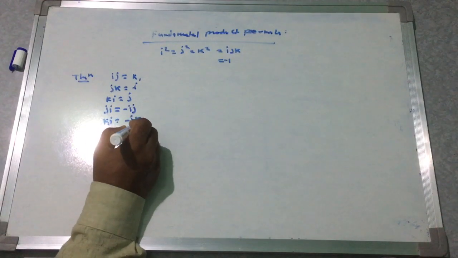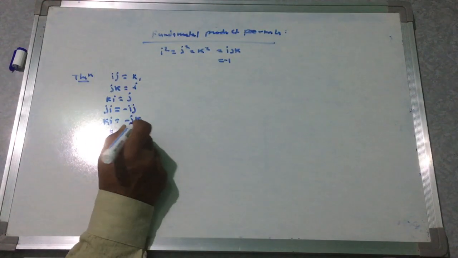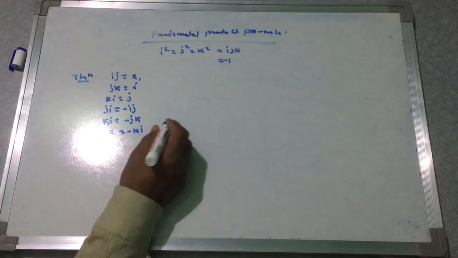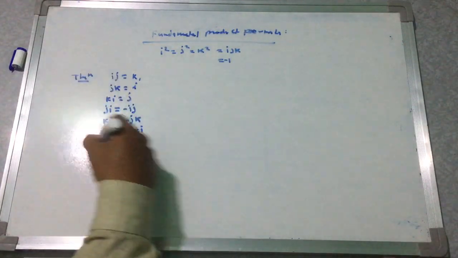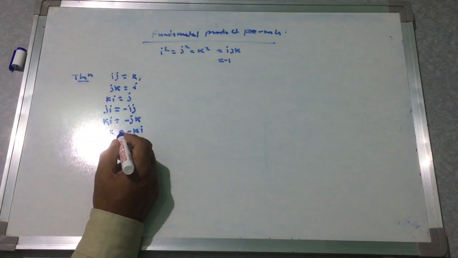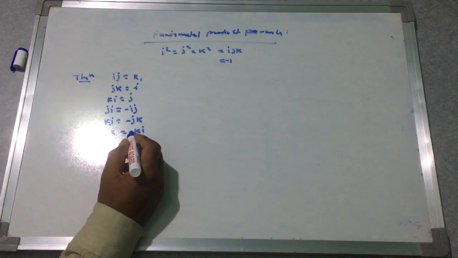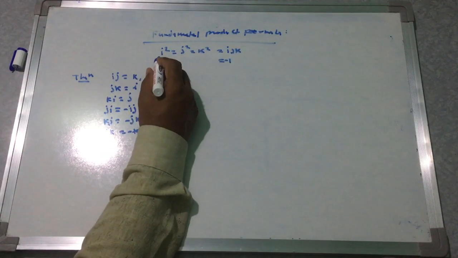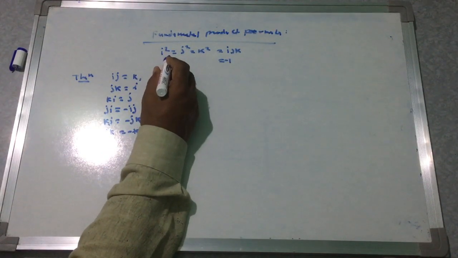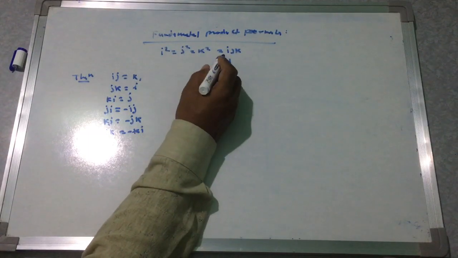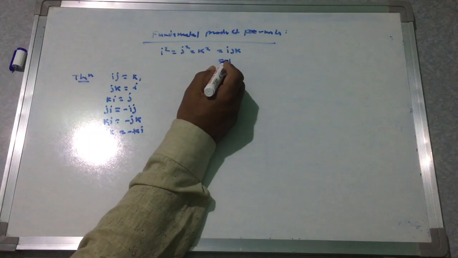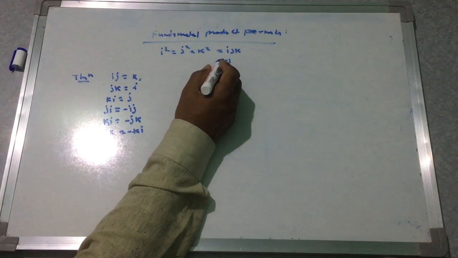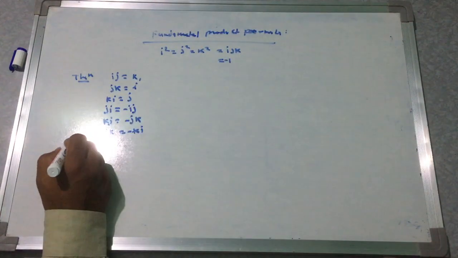IK is equal to minus KI. So we have to prove this from the fundamental formula of quaternion multiplication, that is I square is equal to J square is equal to K square is equal to IJK, that is equal to minus 1.